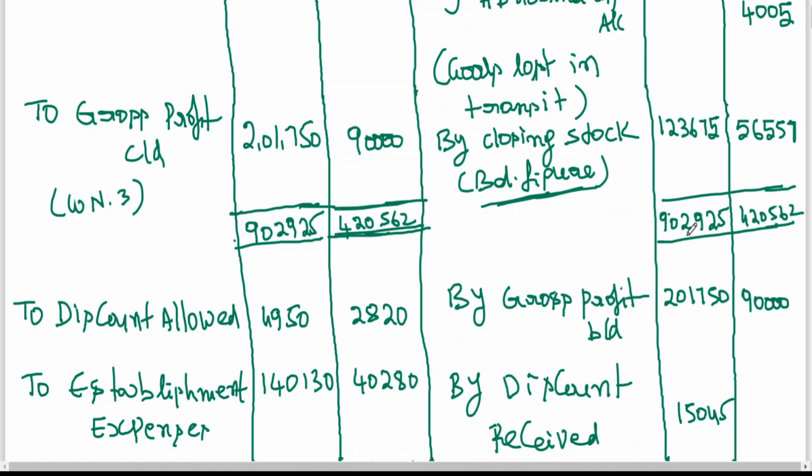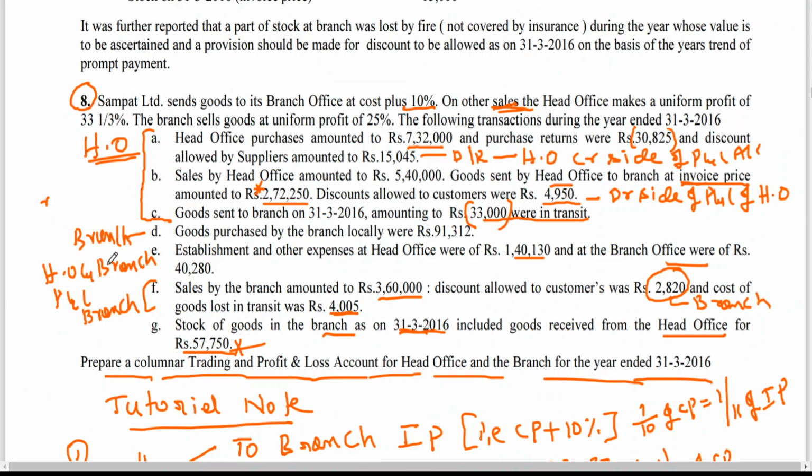When the problem has been given, I can say like that. 36,557 is closing stock. But the problem he has given: stock of goods in the branch on 31st included goods received from head office for 57,750.